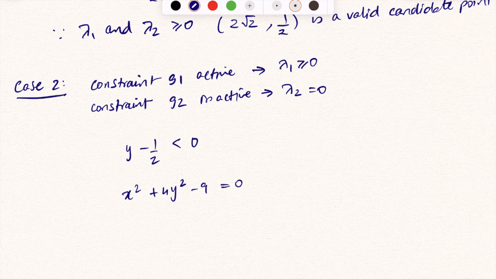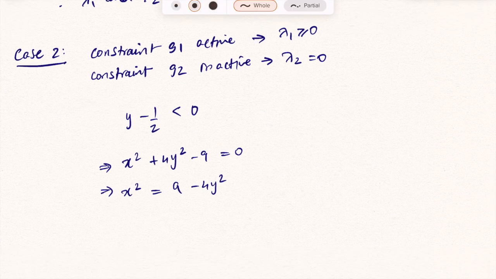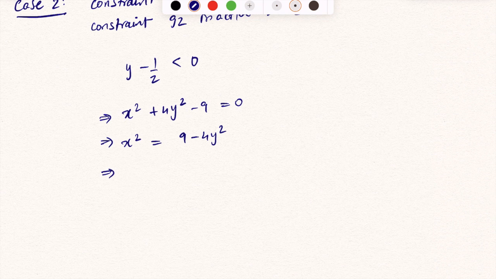And again, rewriting this, I'm going to achieve x squared is equal to 9 minus 4y squared. That means x is the square root, plus and minus, of course, 9 minus 4y squared.